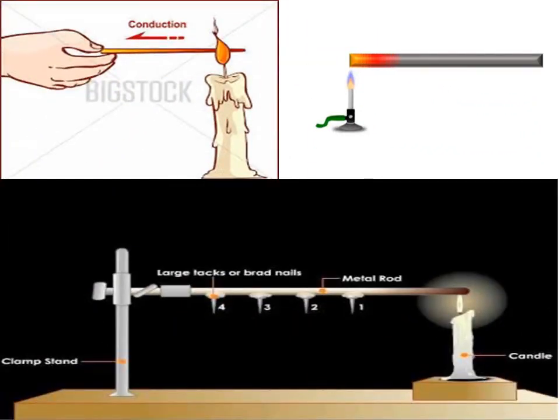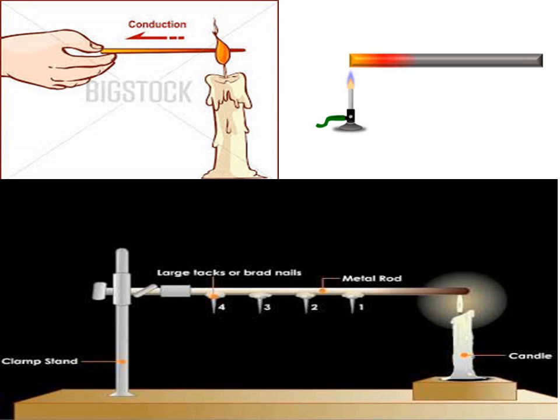Conduction of heat. The transfer of heat from a hot object to a less hot object when they are in contact is called conduction of heat. So here is a small activity to understand the conduction of heat. The materials required for this are metal rod, candle wax, board pins or nails, stand and candle.